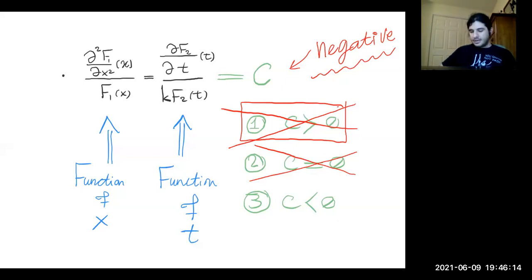So let's consider the third case. The third case gives us two equations. The first one, the second derivative of f1 with respect to x over f1, is this constant c, which we are assuming is negative.